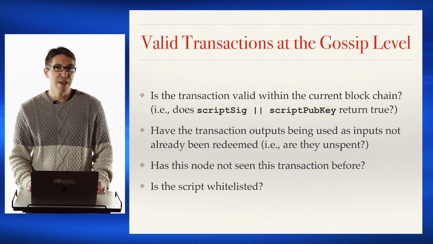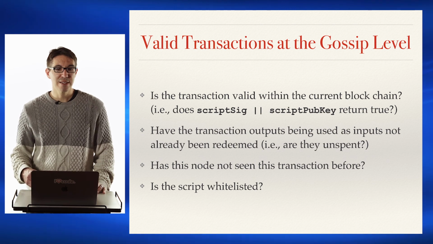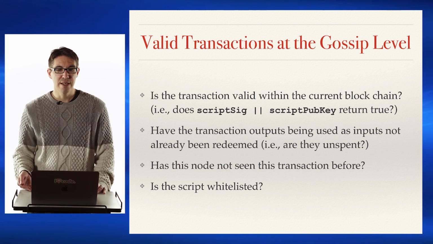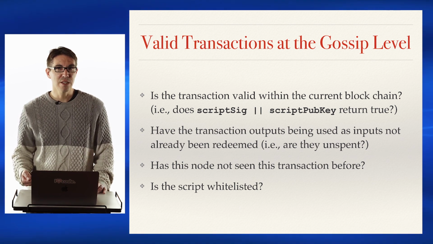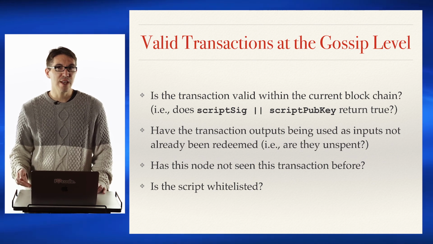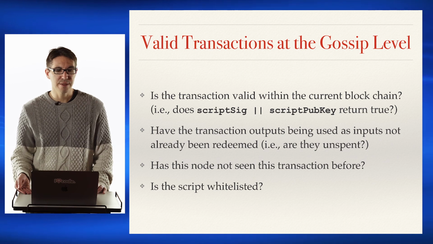So what do we mean by a valid transaction? Well, first, we ask, is the transaction valid within the current blockchain? That is, if we take the script signature and the script public key, does it return true? Was this a valid transaction according to the rules of the current chain? Have the transactions that have been used for this not already been redeemed? That is, are they unspent?